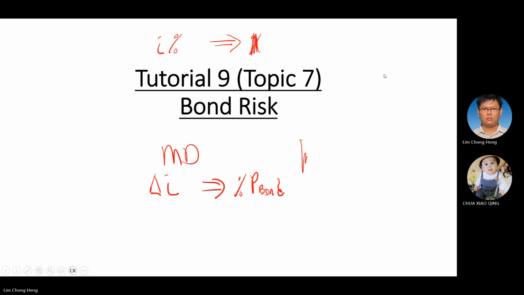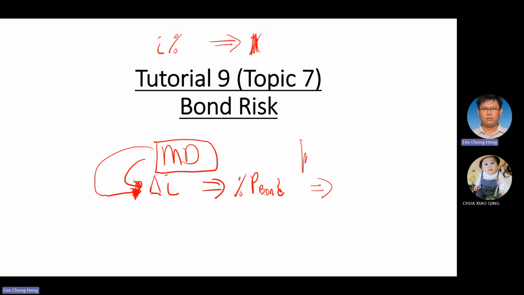So this is one of the purposes. After technology advanced, we had the new calculator come out. Then people found that if you use the modified duration to capture the interest rate effect, we overestimate the effect.